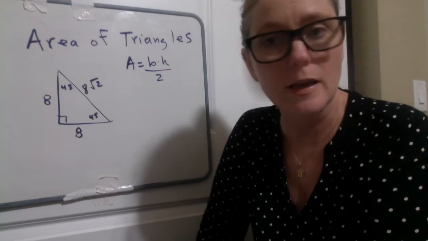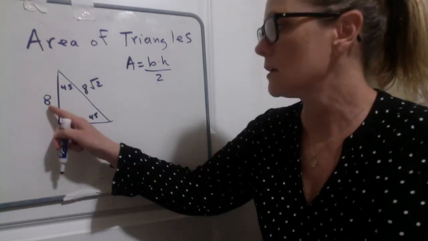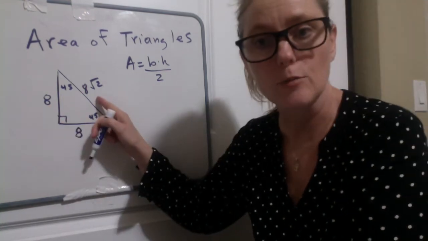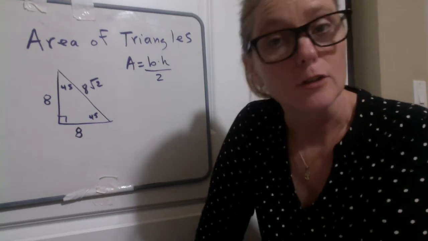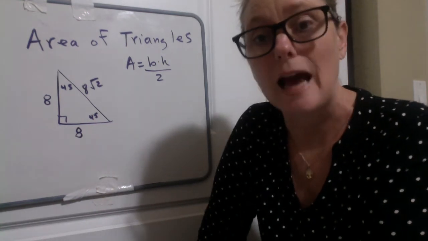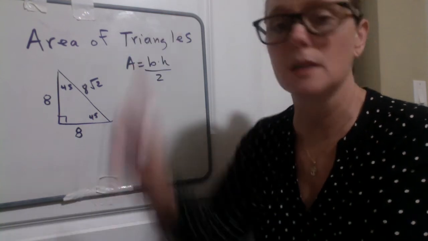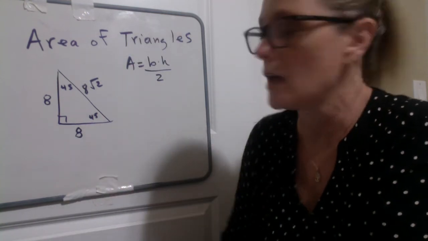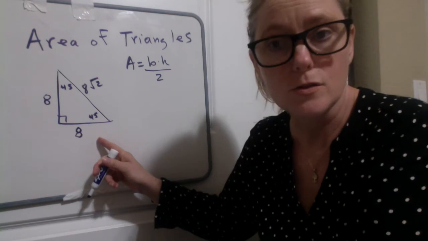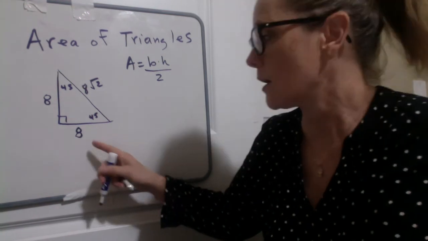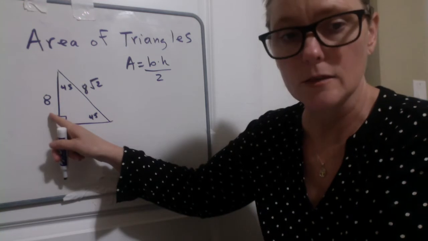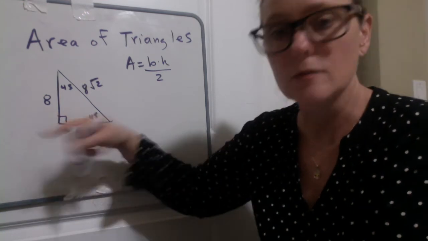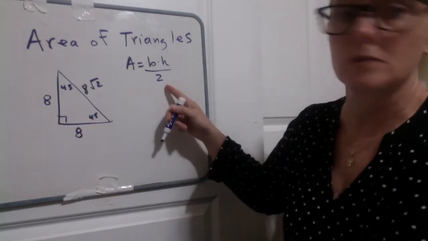So the base and the height would never be, say, this length and this length because they're not perpendicular. Another name for height is the altitude. Whenever we're finding the altitude of something, it's the perpendicular distance to it. So the area of this triangle would be very easy because this is perpendicular, this is the base, this is the height. So I'd go 8 times 8, 64, but then I have to divide it by 2.